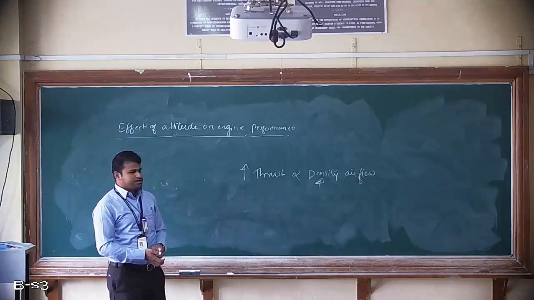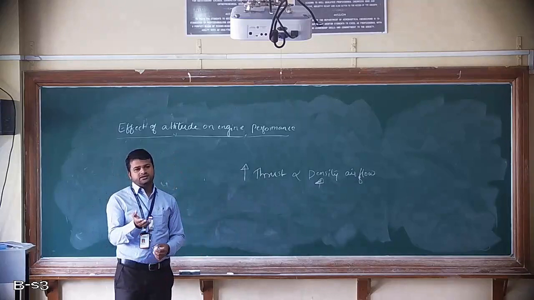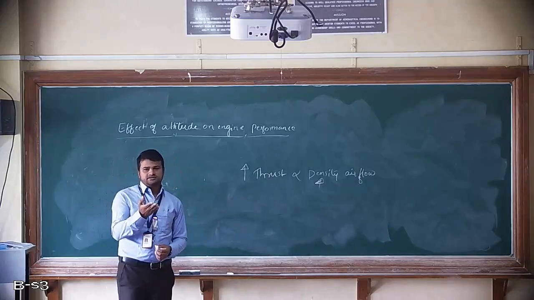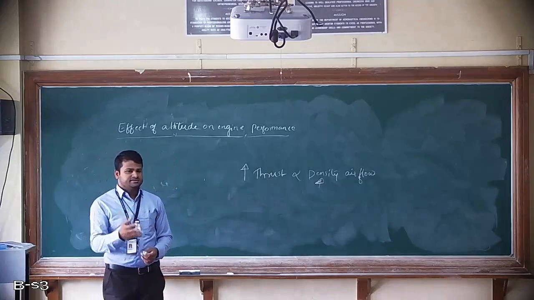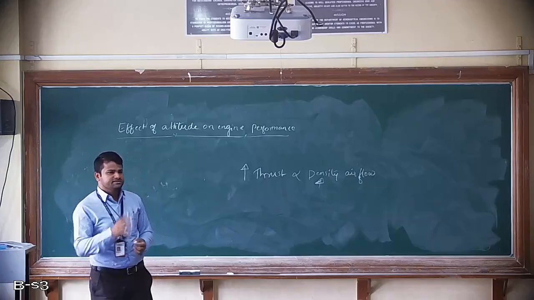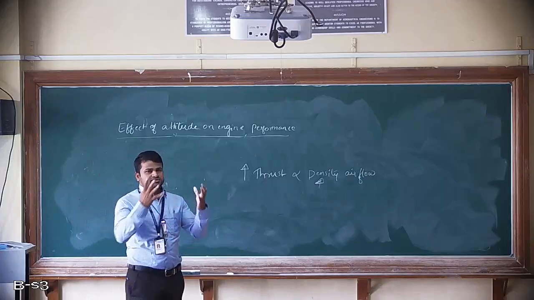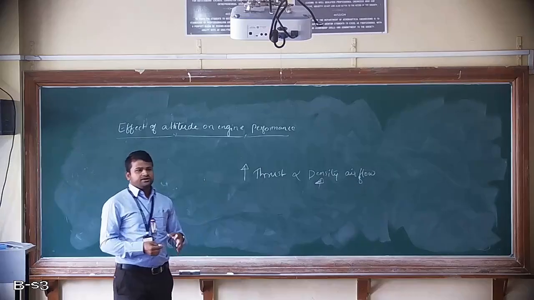And also the temperature changes. If you climb to a higher level, the temperature also affects the mass flow rate of the air, creating randomness so that the air gets dispersed due to entropy.